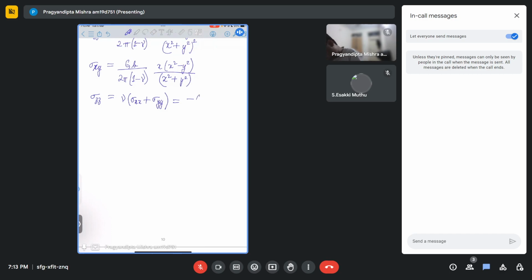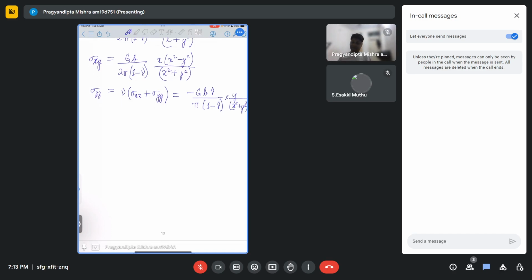So minus gb nu divided by pi (1 minus nu) times y divided by (x squared plus y squared). So essentially the stress tensor will have only these components, xx, sorry, xy will be there.